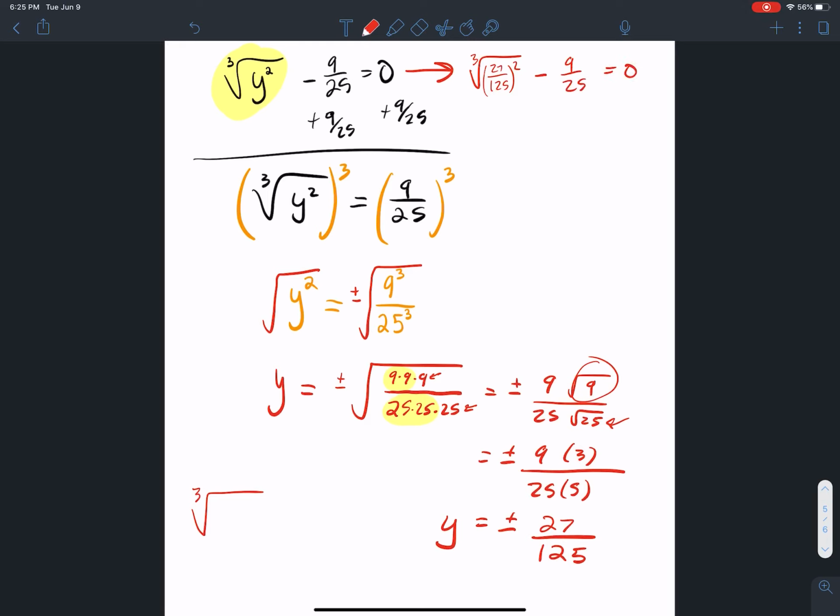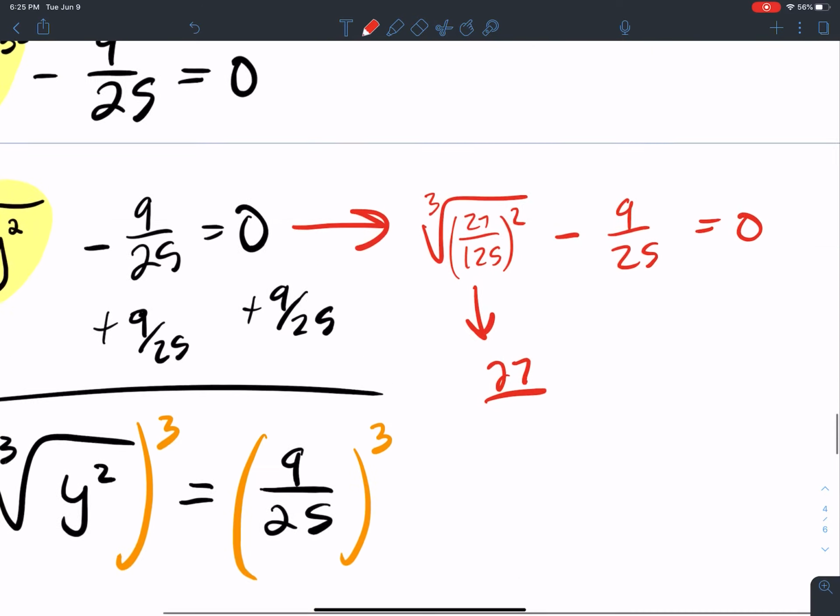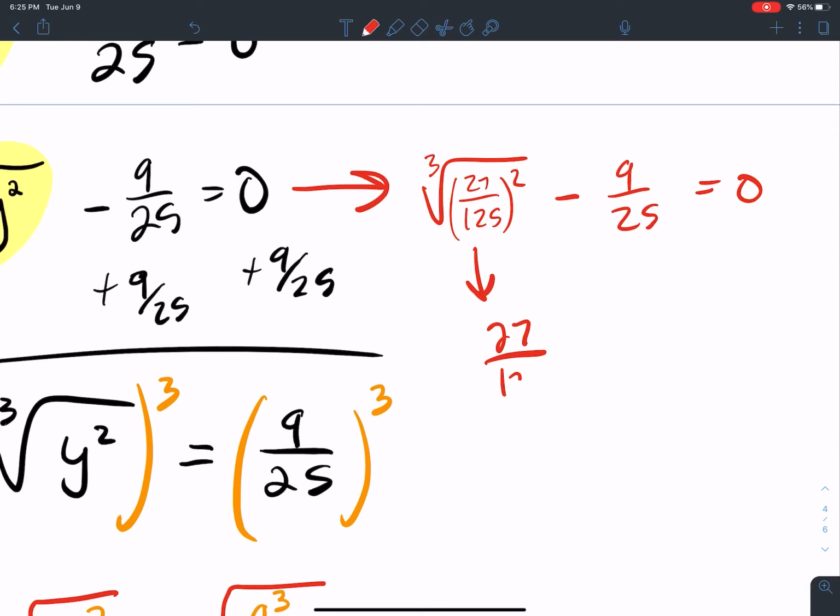Let's rewrite this as 27 over 125 raised to the 2/3: rider in the house, rider goes on top, horsey outside, horsey goes underneath.